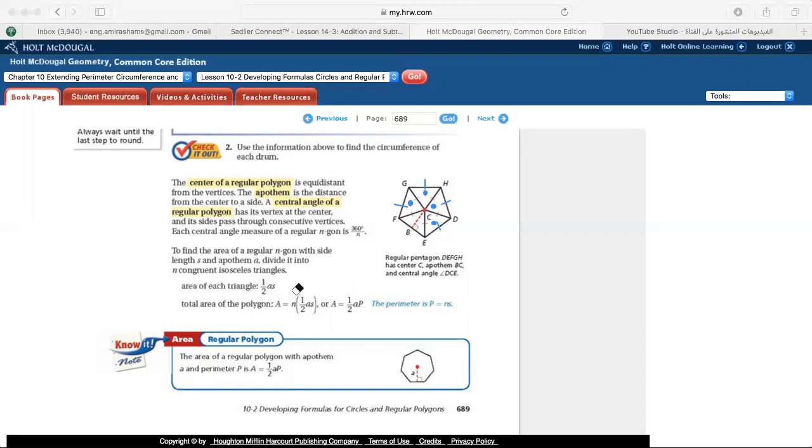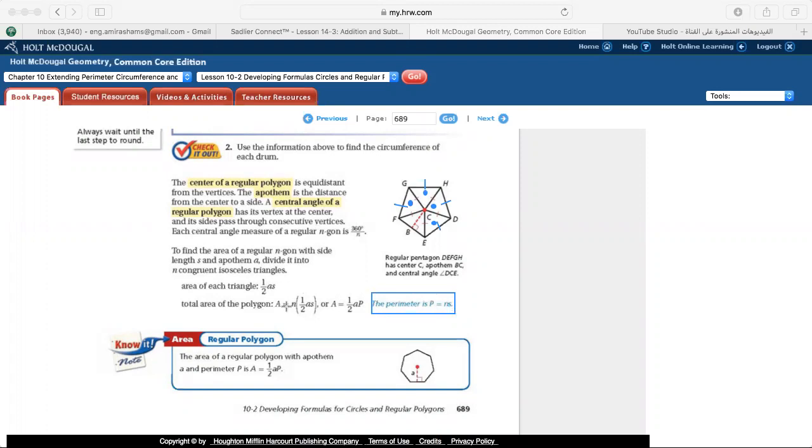The perimeter of any polygon is N multiplied by S, the number of sides multiplied by the side itself.